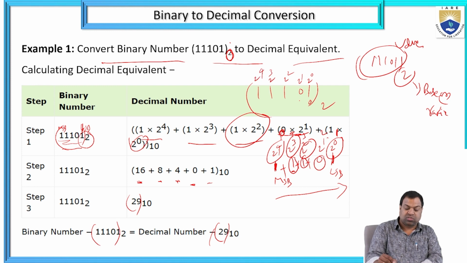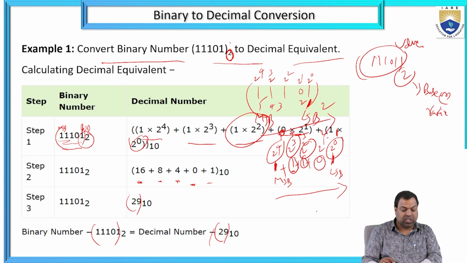So positions 0, 1, 2, 3, 4 are there. Here is the MSB and there is the LSB. We go from MSB to LSB, that is from 2 power 4 to 2 power 0. Like this I get the binary to decimal value.